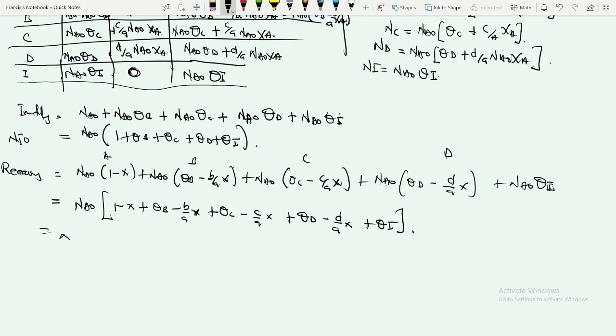So let's group like terms for Na naught. Let's put in the theta parts.